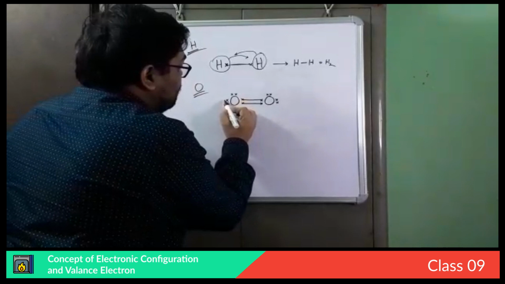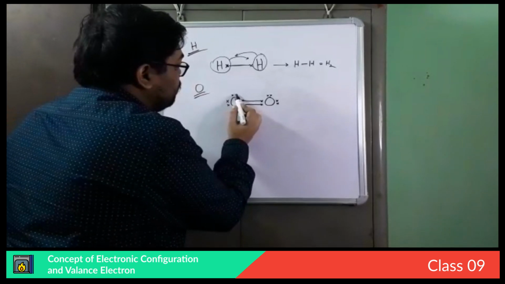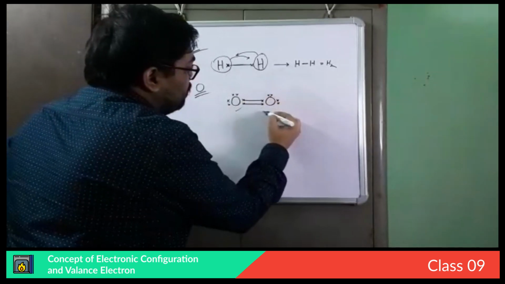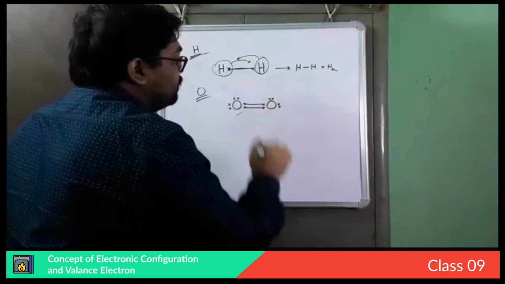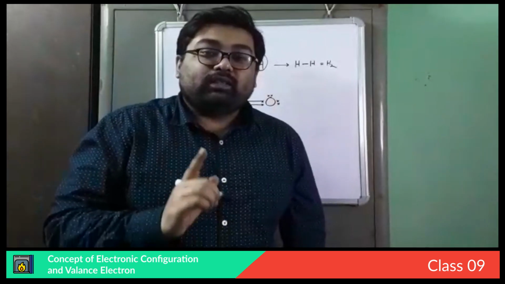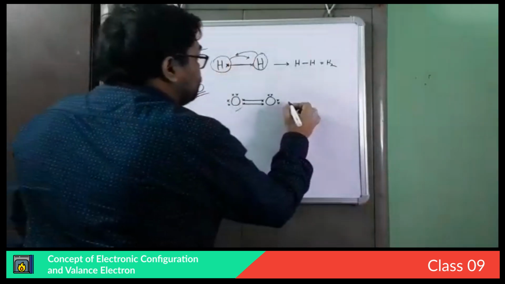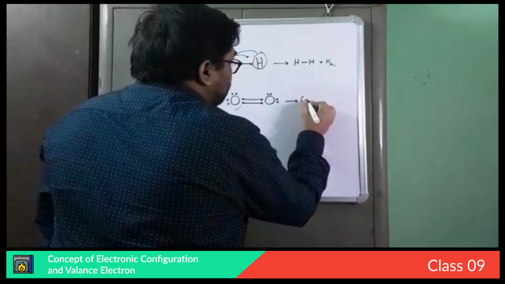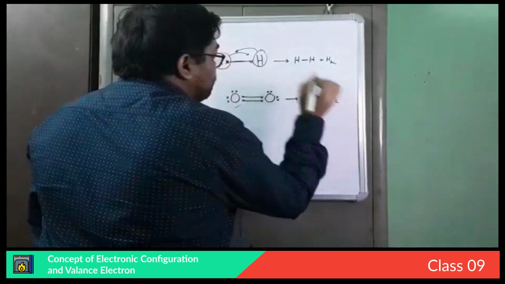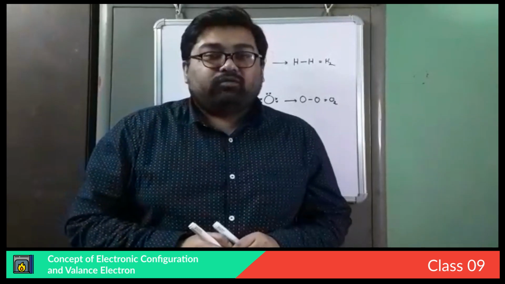Thus, you can see the total number of electrons after sharing will be 1, 2, 3, 4, 5, 6, 7, 8 for this oxygen atom, and same will be the case for this oxygen atom also. That means they are sharing electrons to attain the nearest inert gas configuration, right? So in this way, the 2 oxygen atoms are bonded. As a result, they form the oxygen molecule. So in this way, covalent compounds are formed.